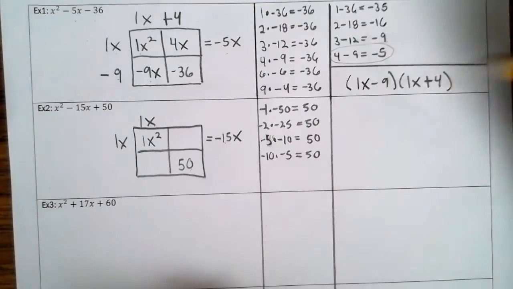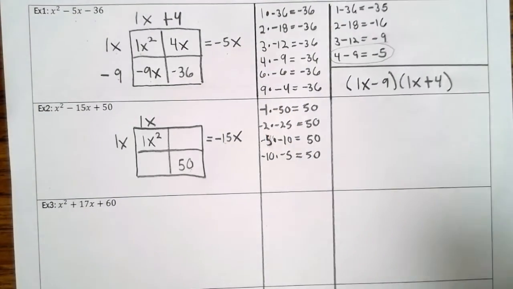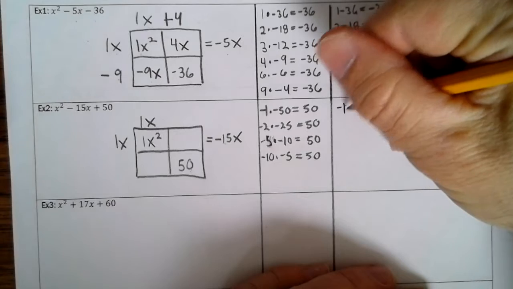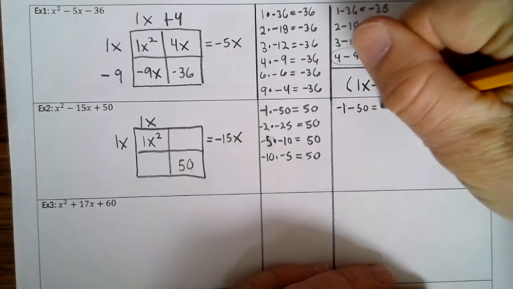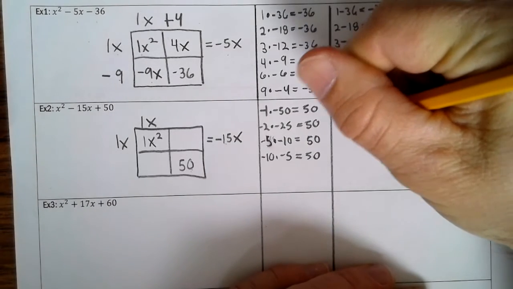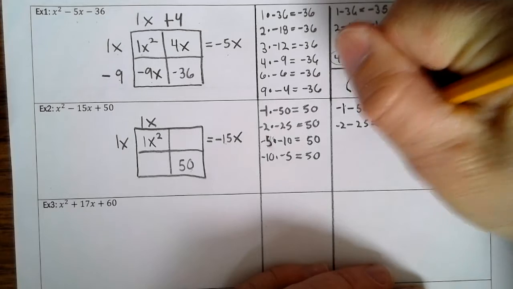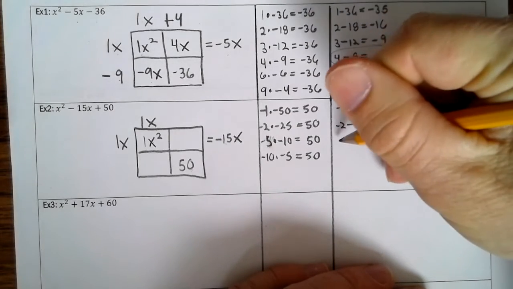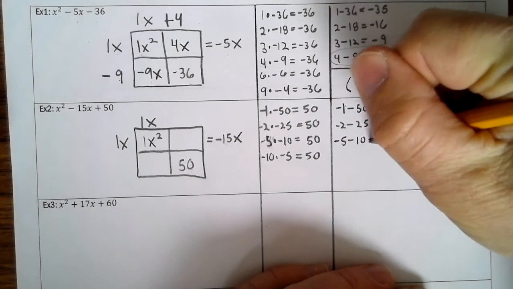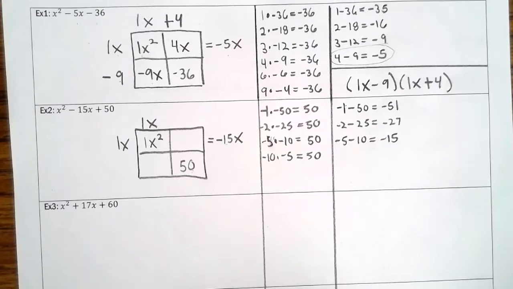Now we combine to find negative 15. So negative 1 minus 50 is negative 51. Negative 2 minus 25 is negative 27. Negative 5 minus 10 is negative 15. This combination works.